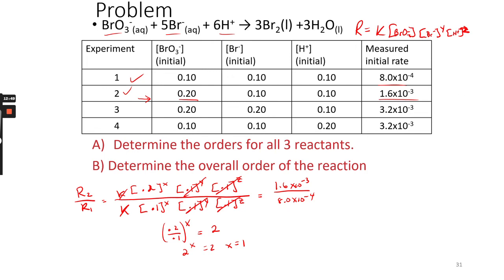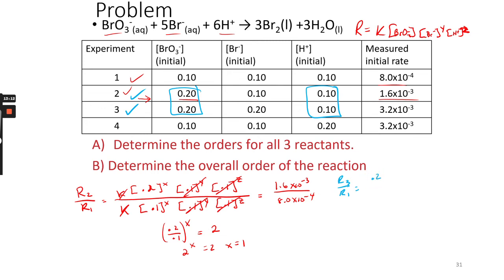Yep, 3 to 2. So for this one, I'm going to do it in a different color. So we're going to compare 3 to 2. See, these are staying constant, and these are staying constant. So I only have to worry about Br. So now I'm going to, again, put the higher one on top because it makes math easier. So I'm going to compare rate 3 to rate 1.